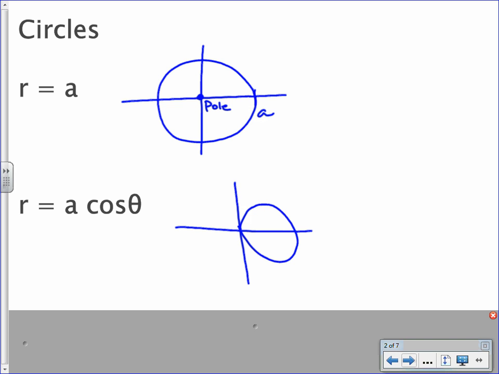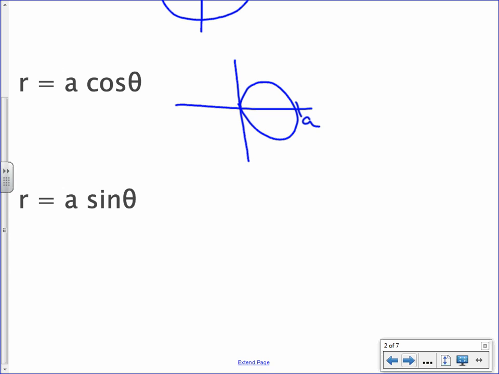How far, like a corresponds with what on this picture? Okay, how far it stretches out, so in the circle it's representing the diameter. Okay, if it's a negative a, it's going to go where? It's going to go left. That's what you figured out yesterday in section 1.